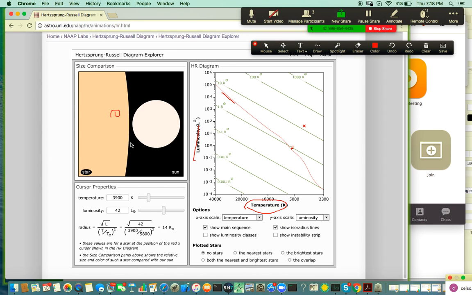So here is the sun as a bigger, evolved star.